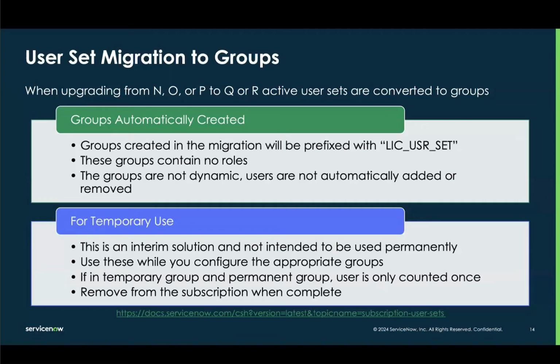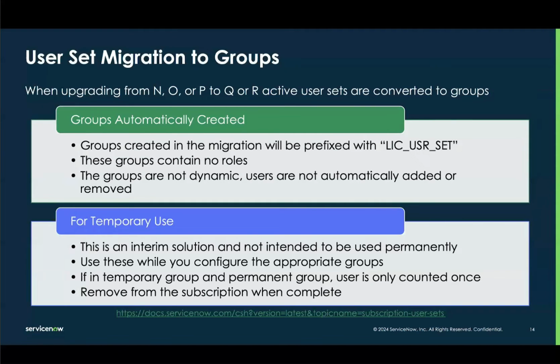If you see them, it means you haven't really configured anything. We did something with user sets pre-Paris, pre-Quebec, and then we migrated them. It's not good. If I see that, it means I thought I configured subscription management, but I did not, and I haven't even looked at it in the last few years. So if you see those groups, we need to figure out how to get rid of them and use our real groups that we actually use.